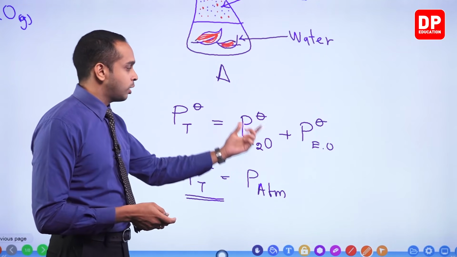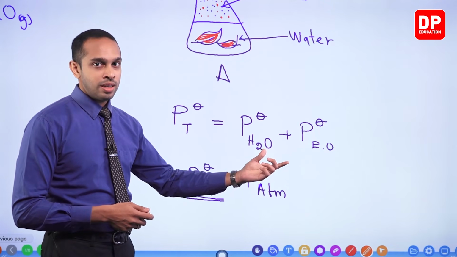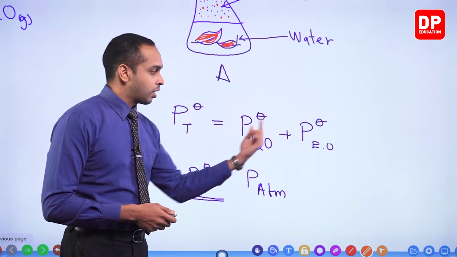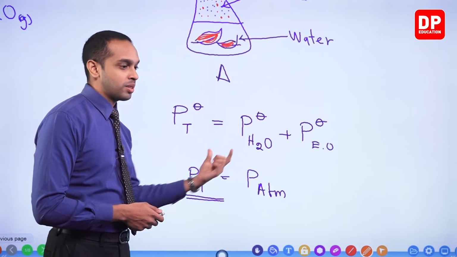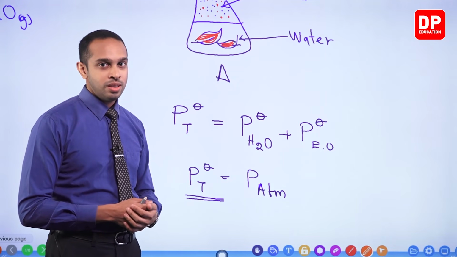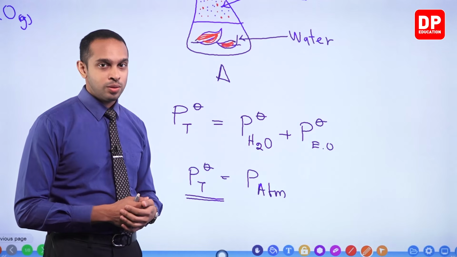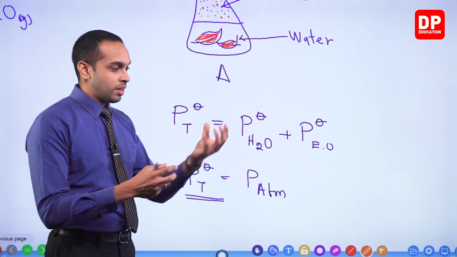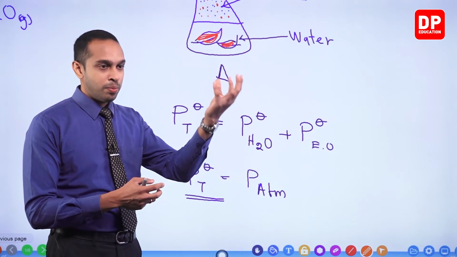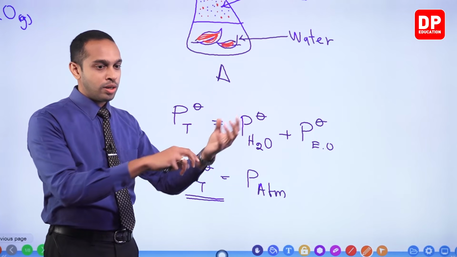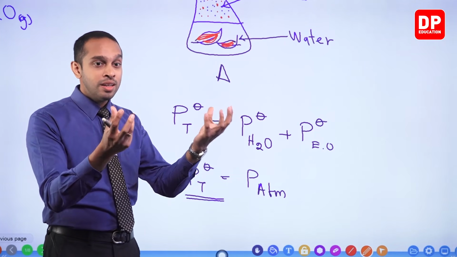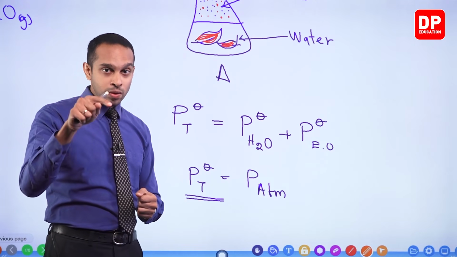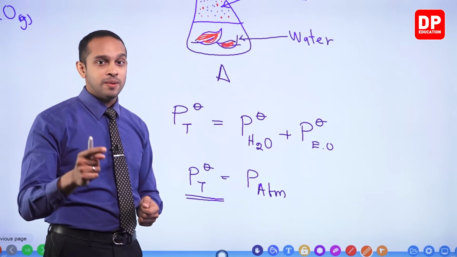But here they don't have to individually reach 1 atm, they have to collectively reach 1 atm. So their total pressure should reach 1 atm pressure. So at that point the mixture will start to boil. If they were alone as a pure substance, like let's say pure water and pure essential oil, they have to be heated until their own individual vapor pressure reaches 1 atm.